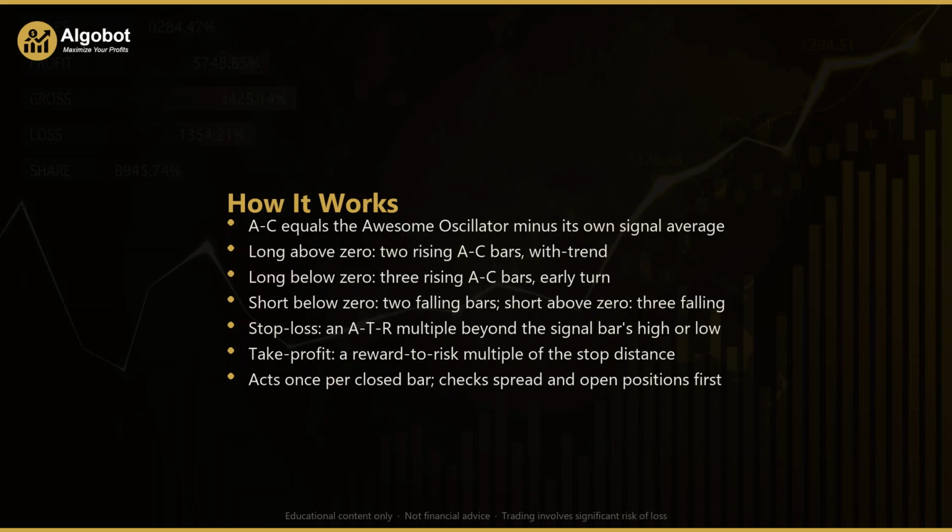Entry at the bid, stop above the signal bar's high, and the target the same reward to risk multiple below. After that, the stop loss and take profit manage the trade to completion. There is no separate exit rule and no averaging in. One clean position, one stop, one target. This structure keeps every trade's risk defined before it is ever placed, which is the disciplined idea at the core of the design.